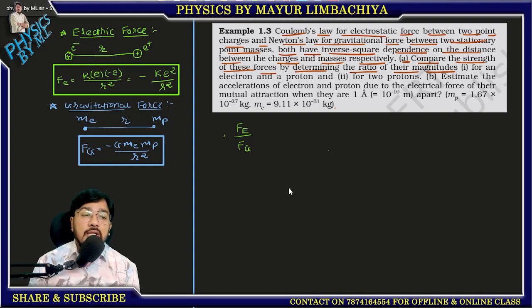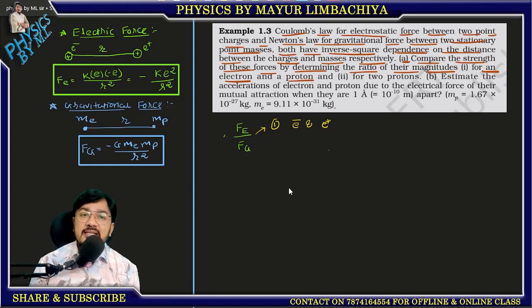Now we have to find out the ratio of their magnitudes first for an electron and proton. So there is a pair, the electron-proton pair. Fine. So first we have to find out for the electron and proton pair.